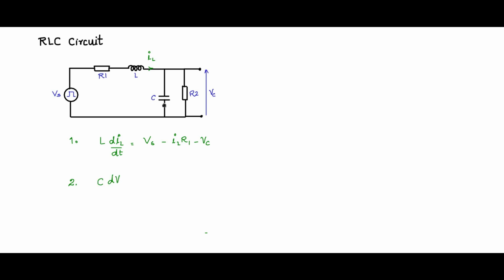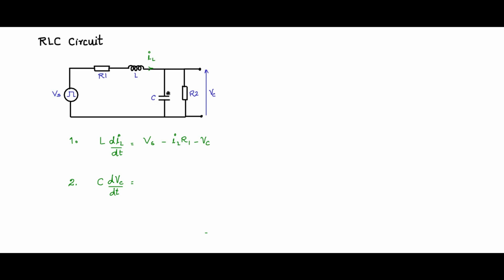So C dVc by dt is nothing but the current that is flowing through the capacitance C, and that is equal to the current at this node, IL, minus the current here, which goes out, which is basically the current of R2.